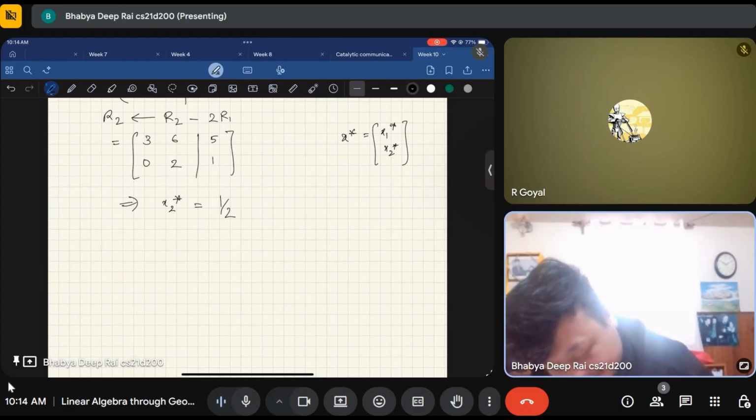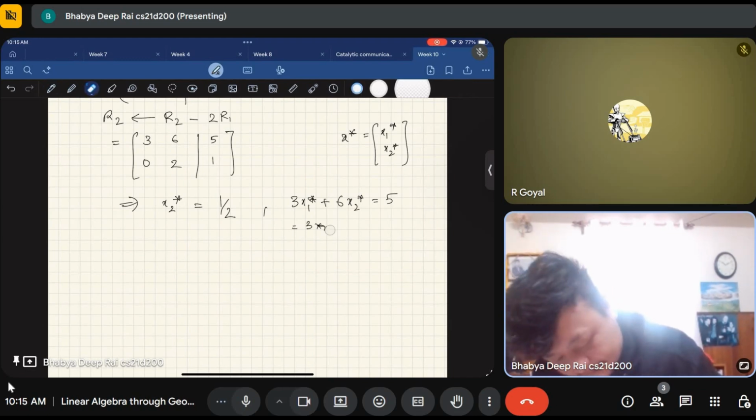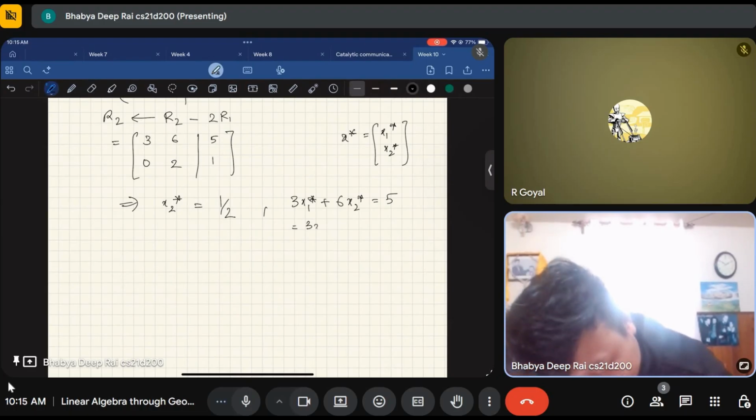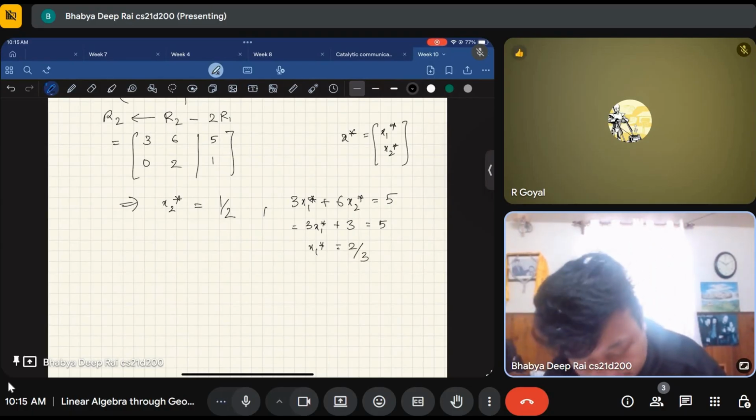What we have next is 3x1 star plus 6x2 star is equal to 5. So substitute that: 3x1 star plus half of 6, which is 3, equals 5. So x1 star is equal to 2 by 3. Correct?